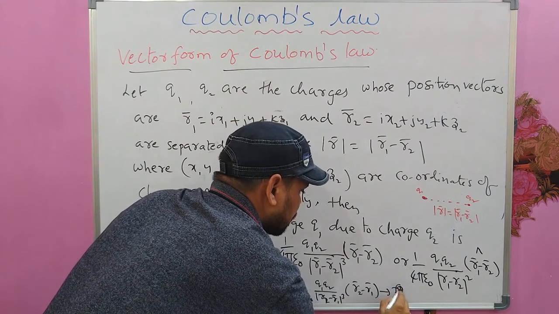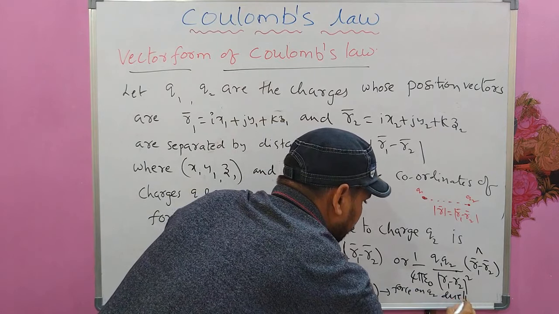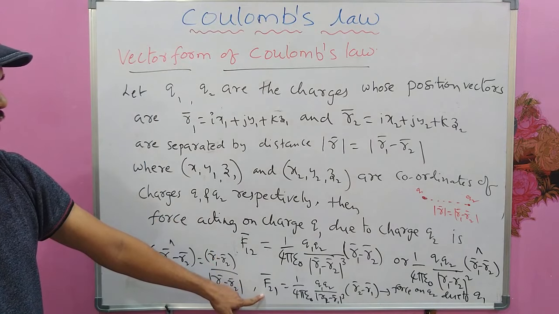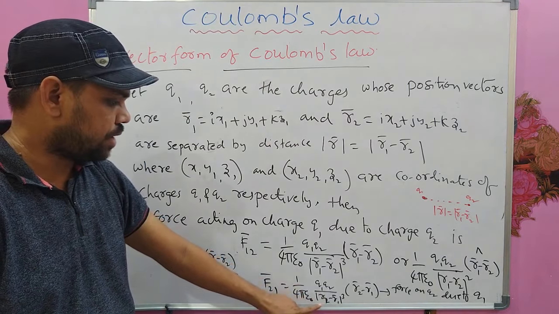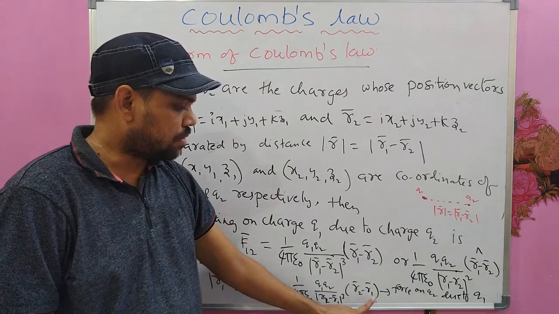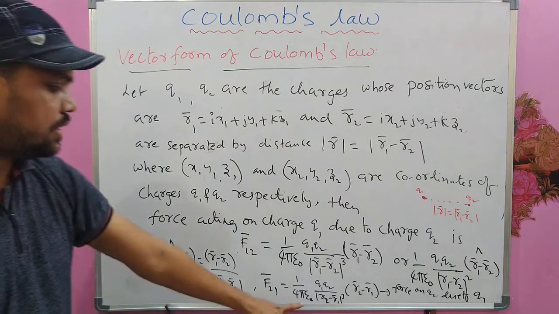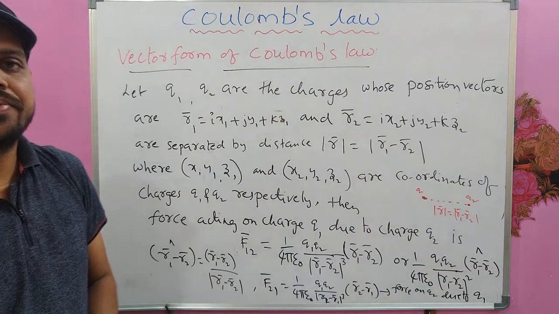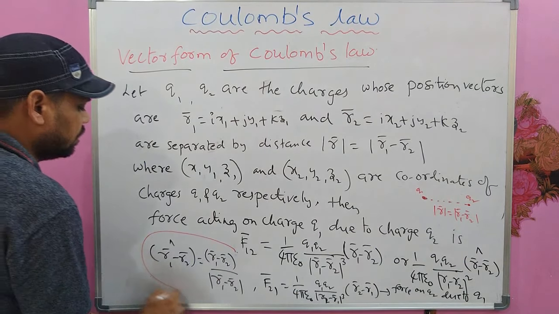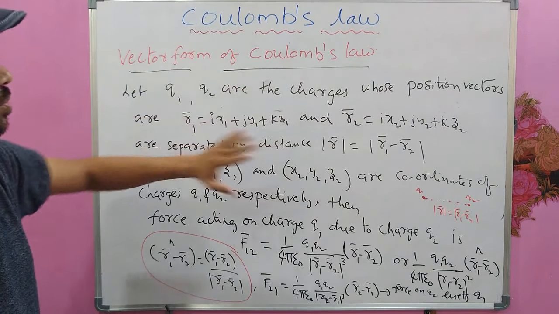This is the force on Q2 due to Q1. This also you can write in this way. The only thing is you have to know the unit vector along the line joining the two charges. This is the vector form of Coulomb's law.